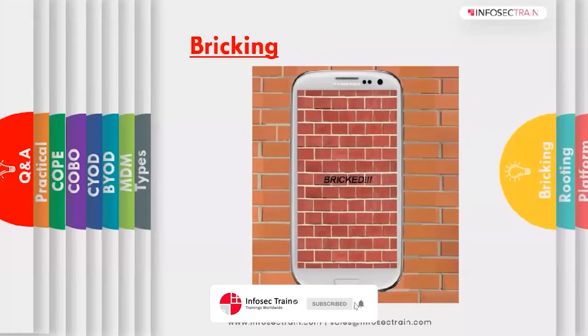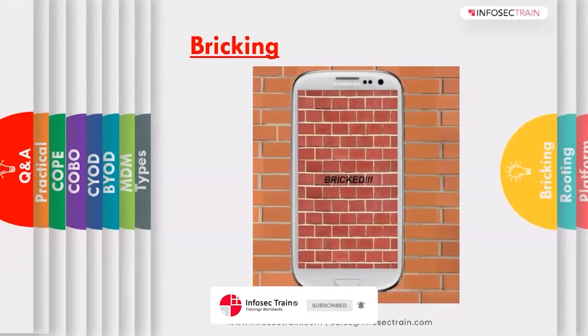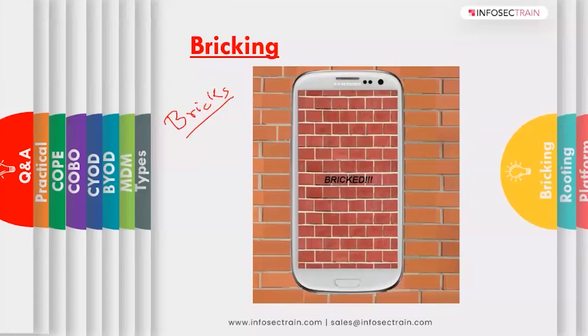Great. The next thing is bricking. So what happens whenever you are rooting your device or jailbreaking your device? There are high chances that your rooting or jailbreaking process will stop in between and your phone will go into recovery mode or safe boot mode.